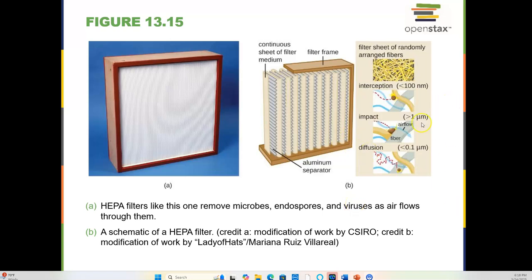So this is showing what happens. You've got these randomly arranged fibers. So you have interception, impaction, and diffusion. So it's going to impact it. As they are used, they actually get more efficient because they clog up more and they can stop more stuff.